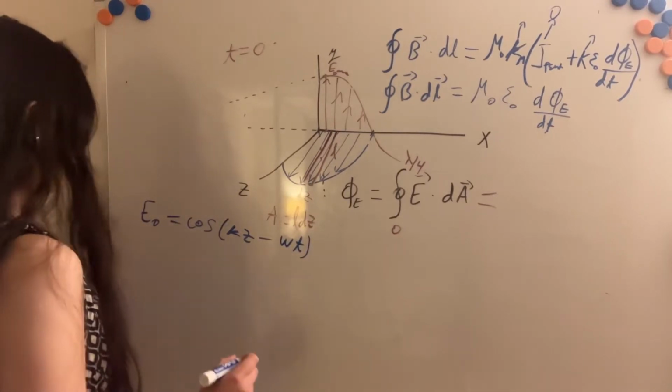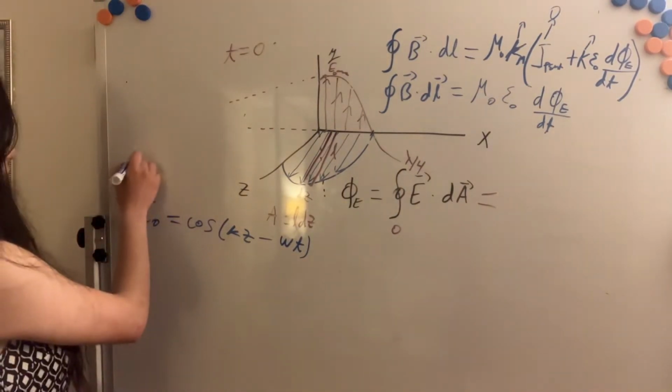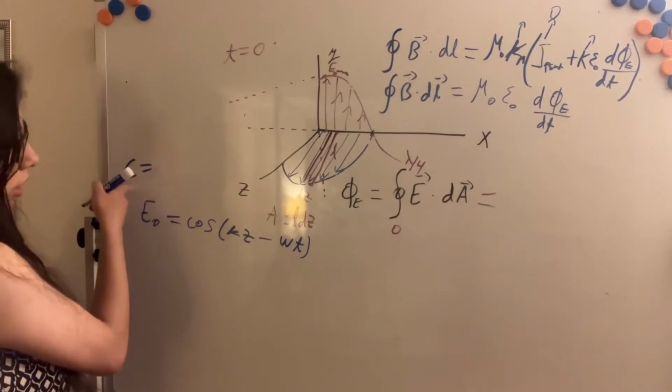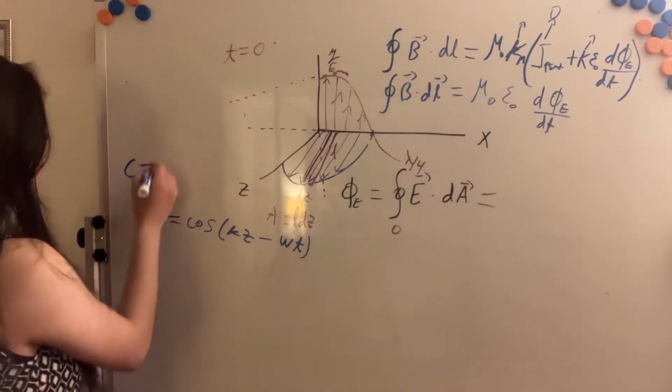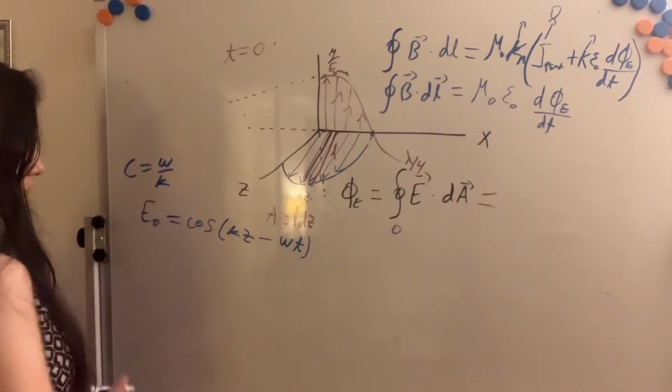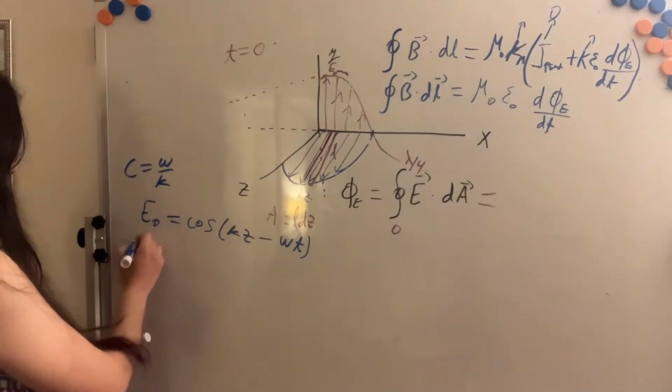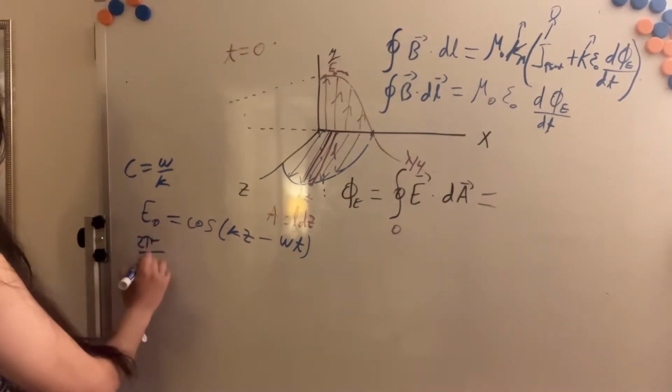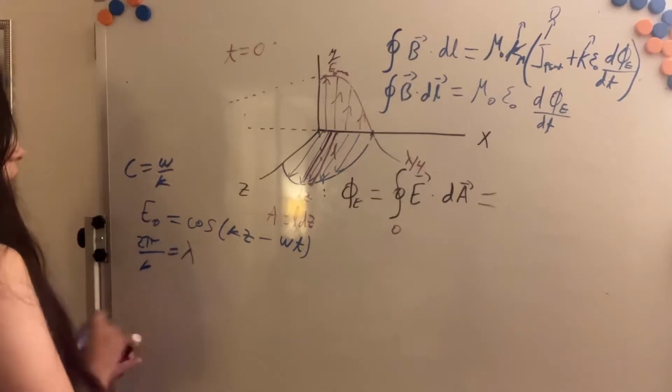So the velocity, that is c, is omega divided by k, and we know that 2 pi over k is equal to the wavelength.